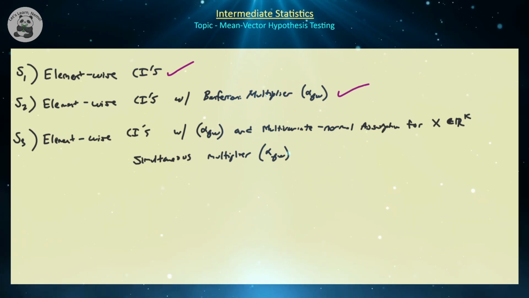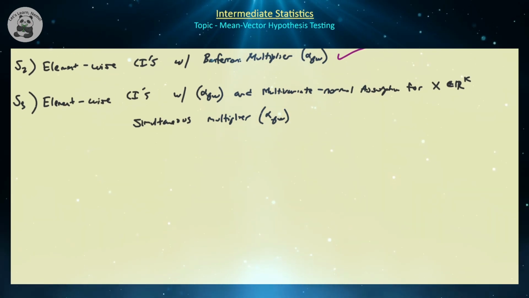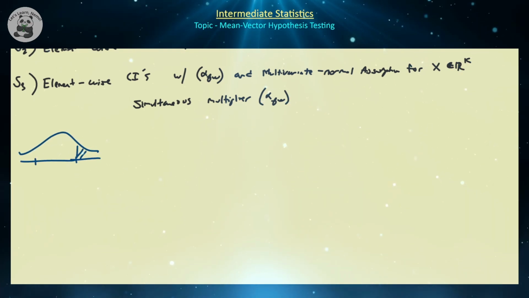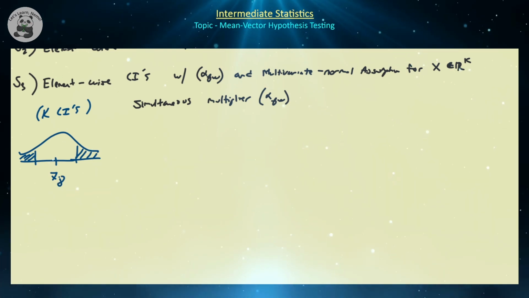So what this does is it sort of takes our t critical values, squares them, and tries to map them to an F distribution. So remember, we're going to have k of each of these CIs, where we have, for example, x bar j with an area in each of these tails of alpha fw divided by 2k because we have 2k of them.